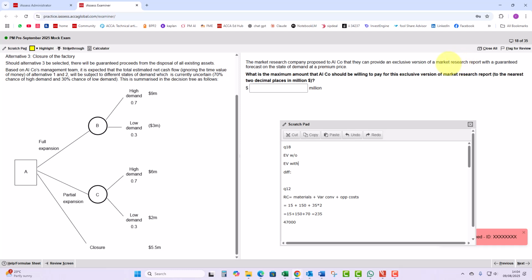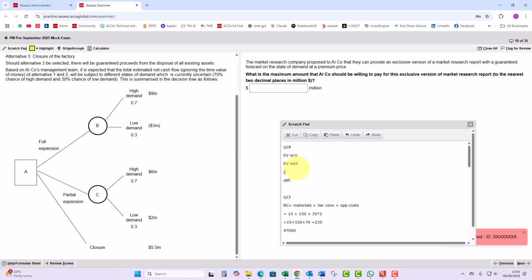If it tells us that demand is high, which of these options would we go for? Well, we can eliminate the low demand ones. So our options are either to make 9 million, 6 million or 5.5. We would choose to make 9. So if it tells us demand is going to be high, we would choose full expansion and would make 9 million. And there's a 70% chance that the report will tell us that demand is high.